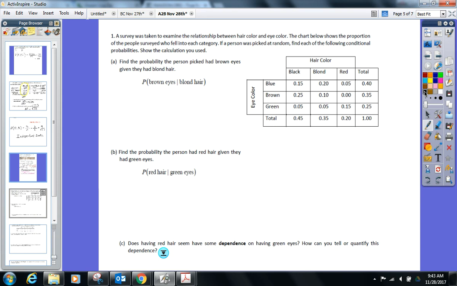That's review from yesterday. Nothing to do with independence or dependence. So within your group right now, talk it over. Using your table, what's the probability you're going to have brown eyes given you already have blonde hair? So out of all the people who have blonde hair, what's the probability you're going to have brown eyes? So go ahead, go to work. I'll get back to you in a minute.